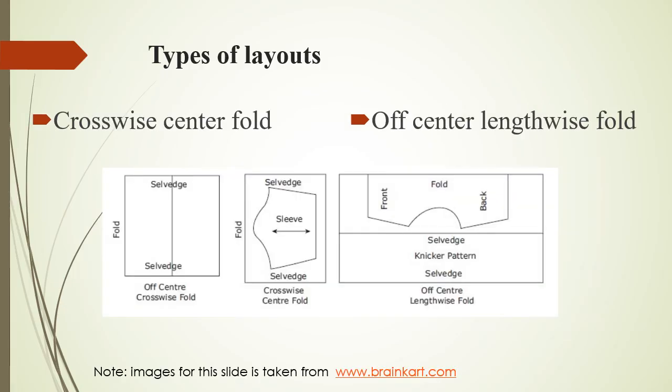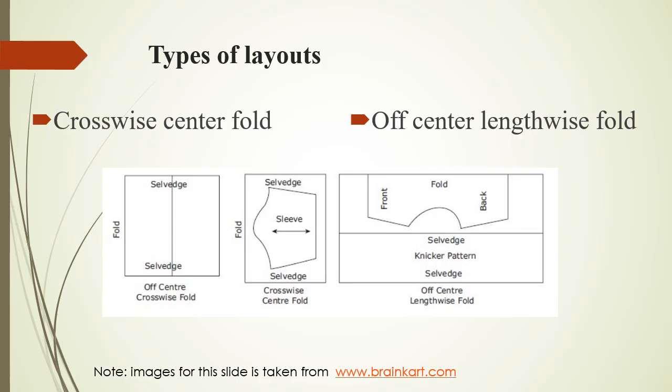The next one is the crosswise center fold. This type of layout is suitable for materials that are too narrow to accommodate the width of the pattern pieces when folded lengthwise. The next one is the half center lengthwise fold.